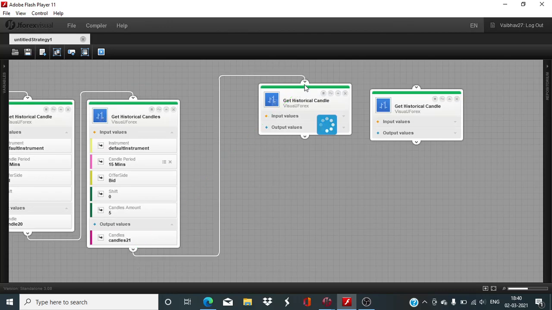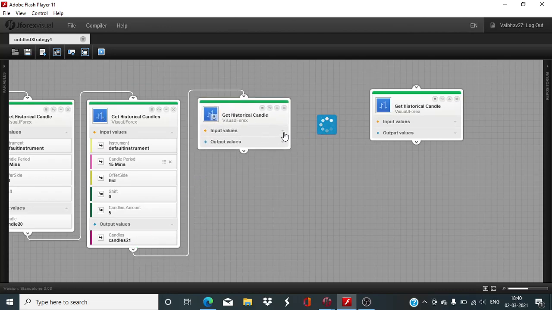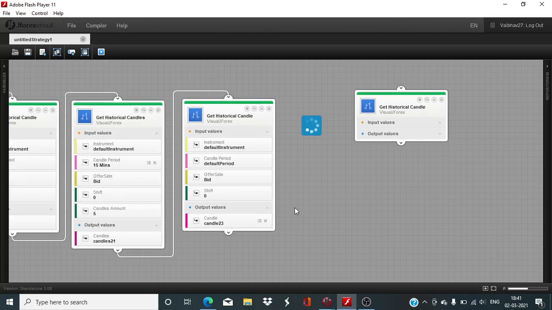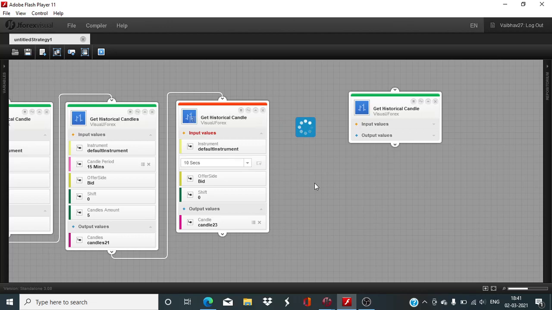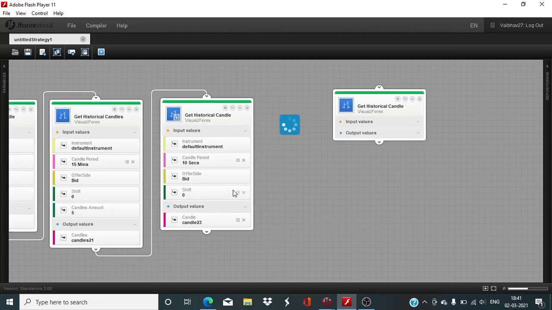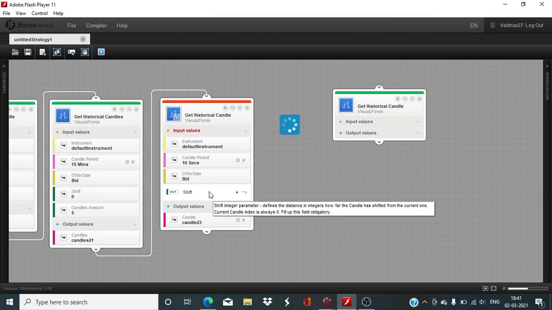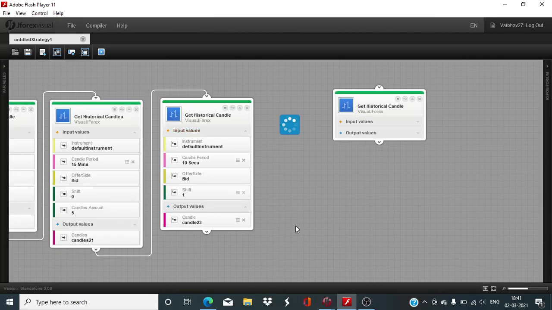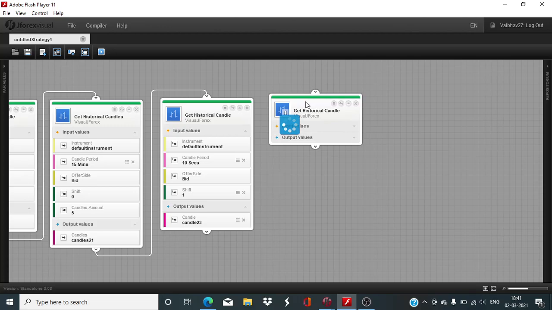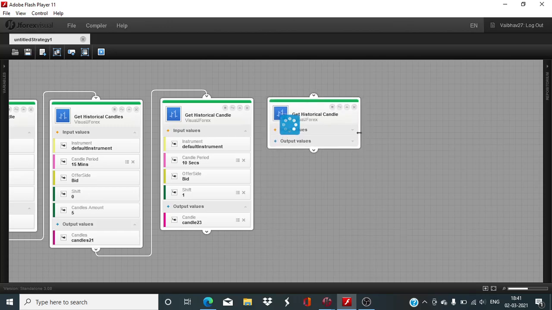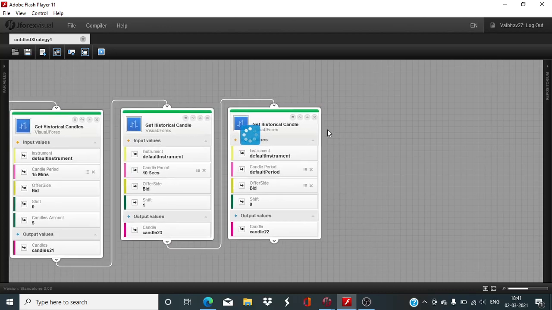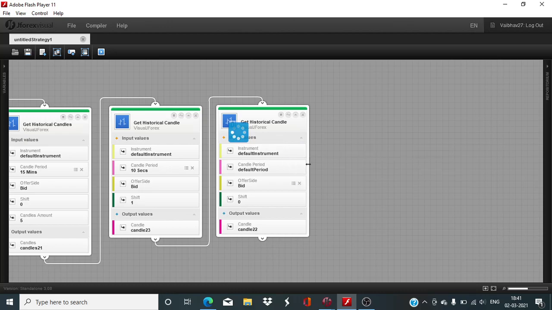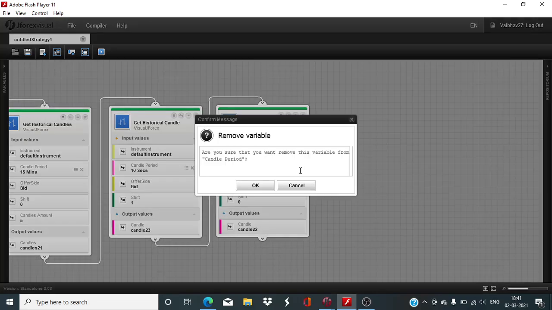Alright. Then this will be 10 seconds to pinpoint the exact entry and exit points. Value of 1. This also 10 seconds.